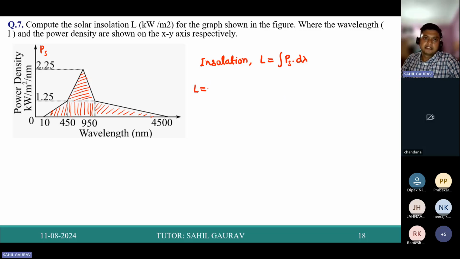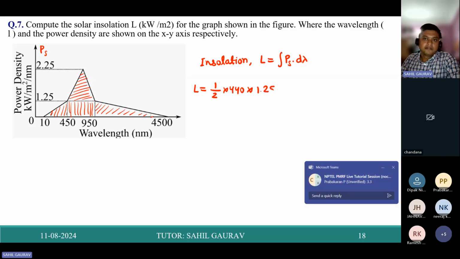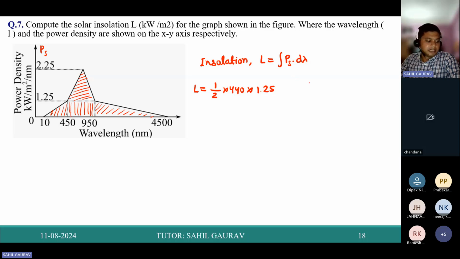So we can write I as, the area of this first triangle, half into base, which is 450 minus 10, that will be 440 nanometer, and then the height is 1.25. Yes, correct, 3.37 kilowatt per meter square. Very good, Prabhakar. So this is the area of the first triangle.